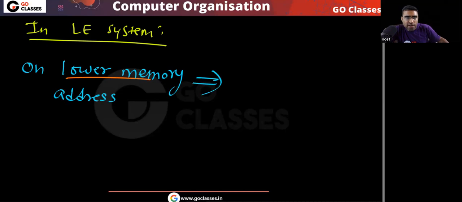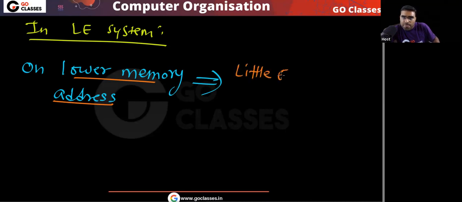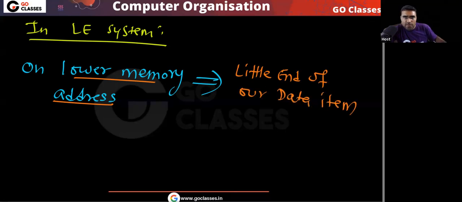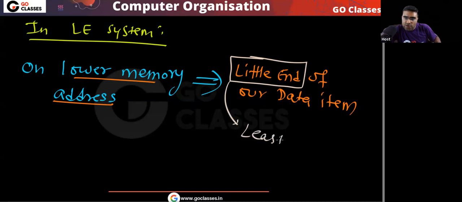On the lower memory address, we put the little end, which means the little end of our data item. And what does this little end mean? This means the least significant byte of our data. Least significant byte.